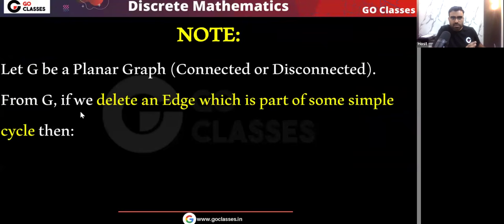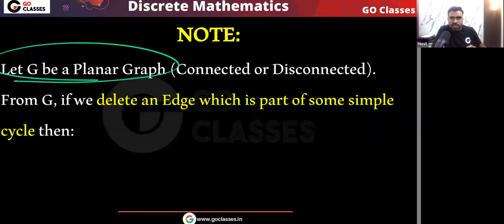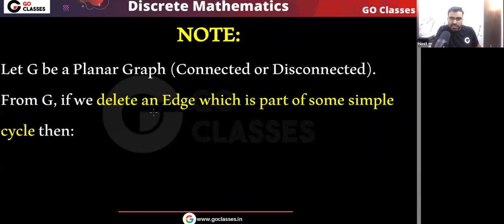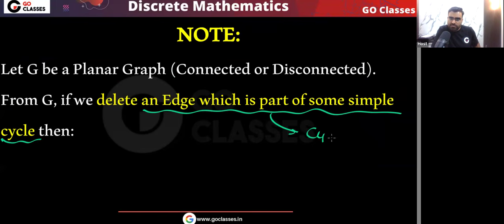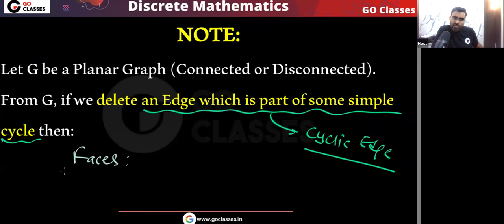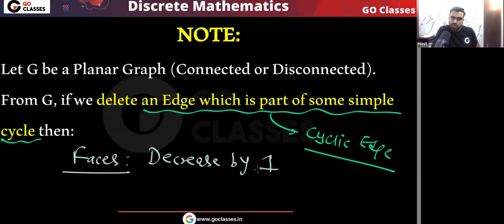So what is the conclusion? You can see that in any planar graph, in any planar representation, if I delete an edge which is part of some simple cycle, meaning I am deleting a cyclic edge, then the faces will decrease by one, because two faces will merge.